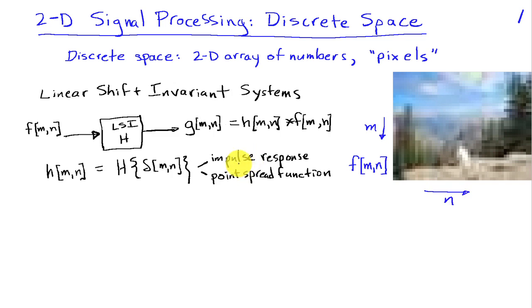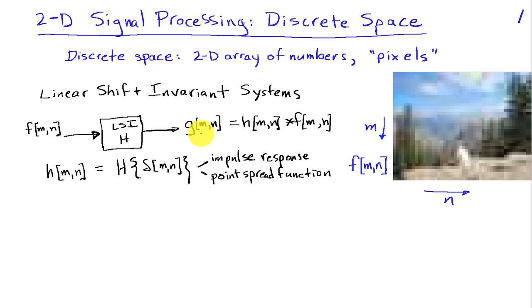We can define a system that operates on this image, f of m, n, and if we make it a linear shift-invariant system, just like we described in the continuous space case, linear means that if I apply it to a sum of images, I get a sum of outputs, and shift-invariant means that the characteristics of the processing are independent of what part of the image we're in.